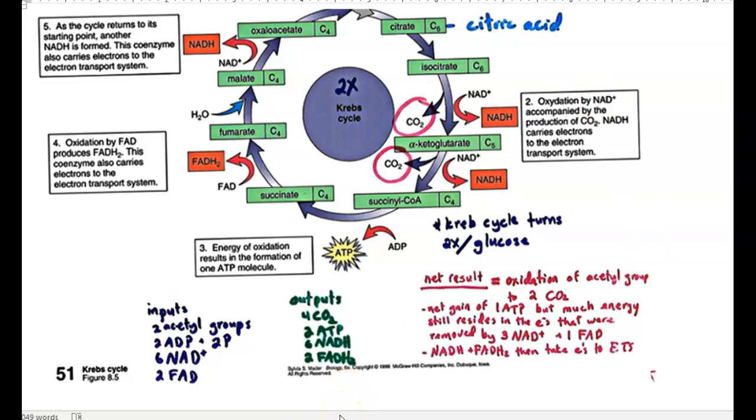The glucose has now been completely broken down, completely oxidized. 2 ATPs through substrate phosphorylation. 6 NADHs, 2 FADH2s. These electron carriers, when they're made, go over to the electron transport system. So this is the Krebs cycle.